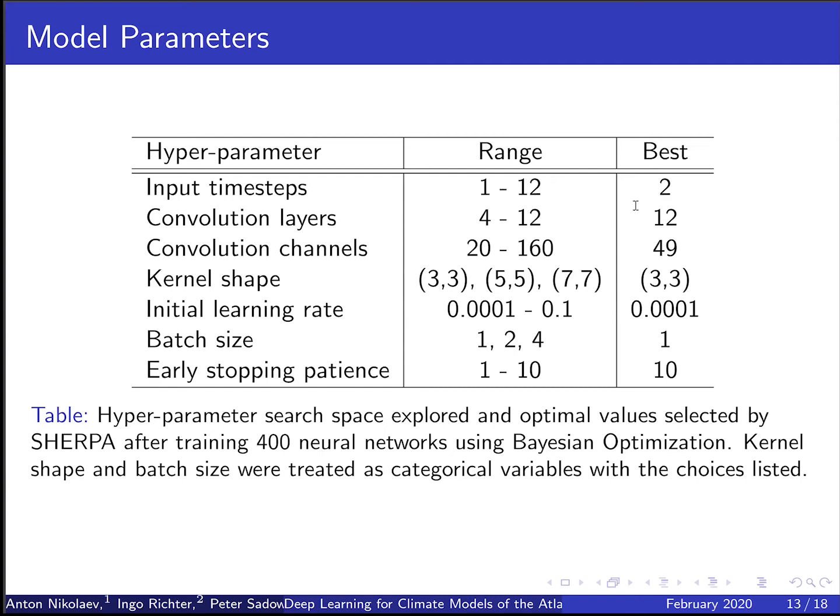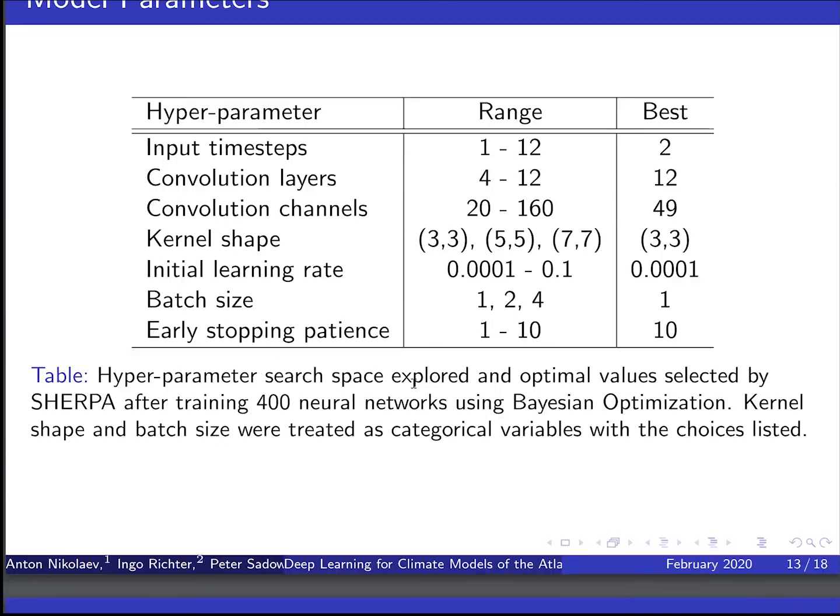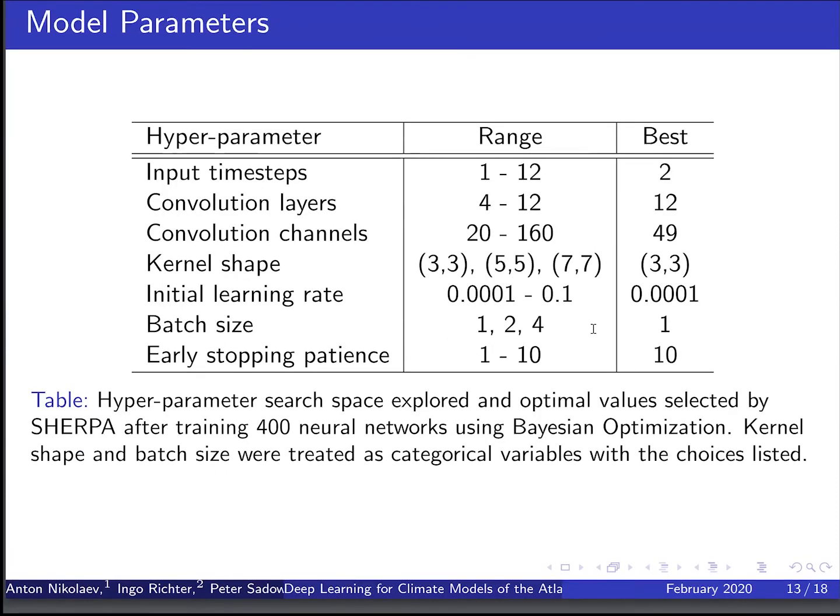And then we used the Sherpa library to use Bayesian optimization to train. There were some hundreds of neural networks, I think 400. We used Bayesian optimization to find the network that is going to perform the best on the simulation data.